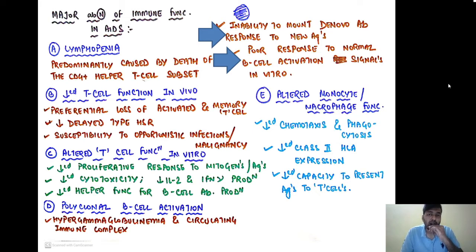They cannot mount an immune response or antibody response. Okay, not only that, the monocyte and macrophage function is also altered, which is characterized by decreased chemotaxis and phagocytosis, decreased class 2 HLA expression, and decreased capacity to present the antigen to the T cell. Okay, so this is all about the major abnormalities of the immune function in AIDS.